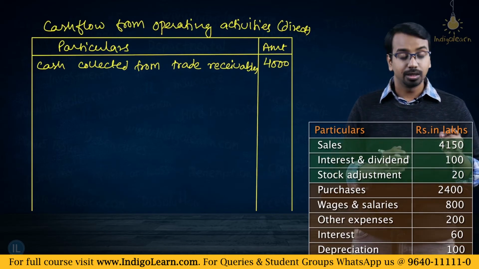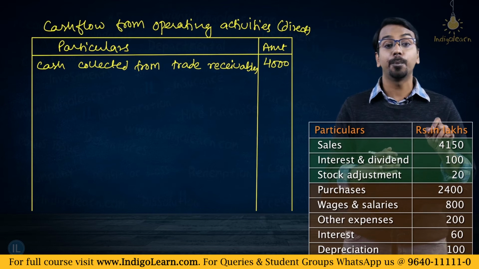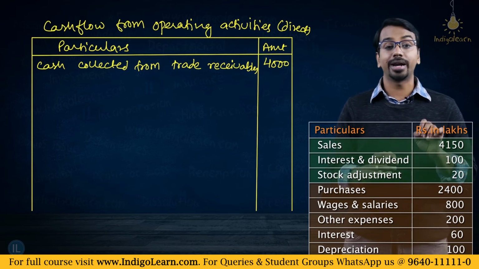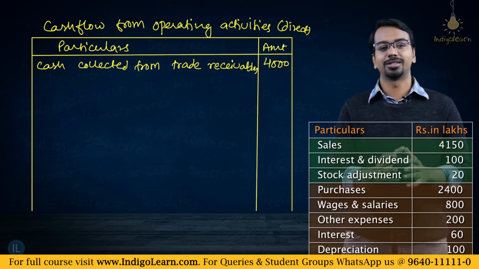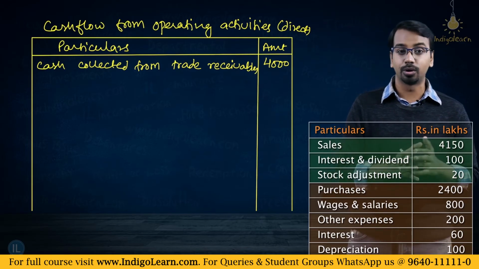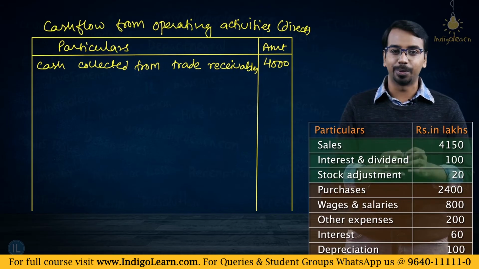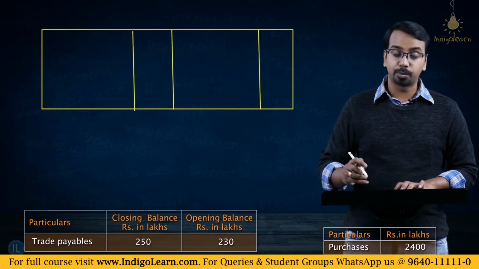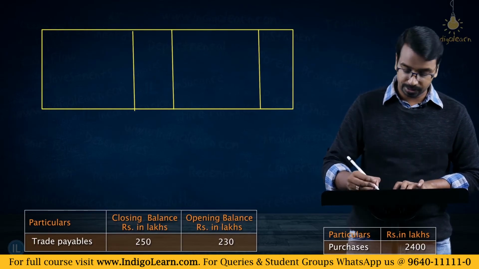As you move ahead, on the expenditure side, you see purchases, 2400 of purchases. But is that the amount that we would have paid to the suppliers? The answer to that is no. We would have paid some other amount, which we can find out by preparing a ledger account. So like we prepared the debtors account, we will also prepare the creditors account, or trade payables account.